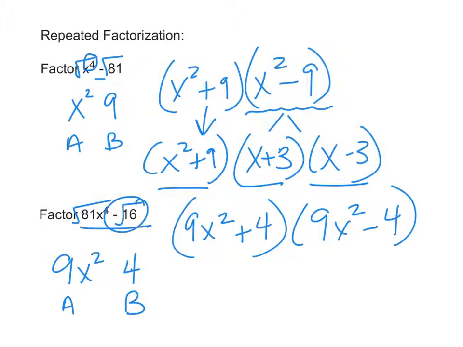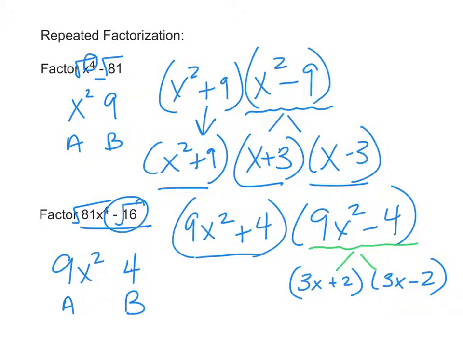And this one here is again the difference of two squares, so I'm going to factor that out a little bit more, and that's going to give me 3x plus 2 and 3x minus 2.